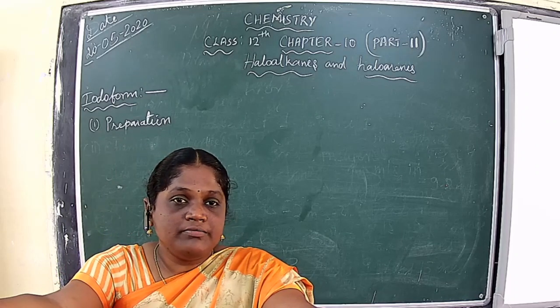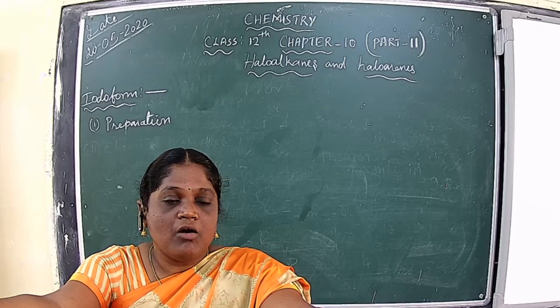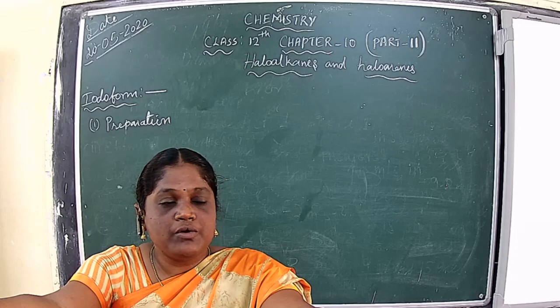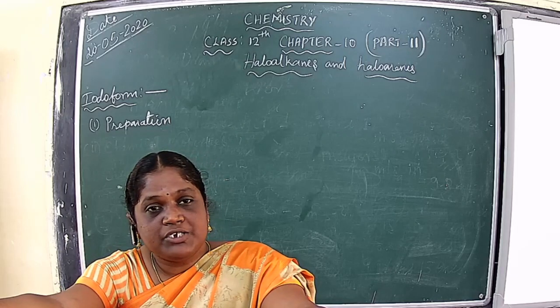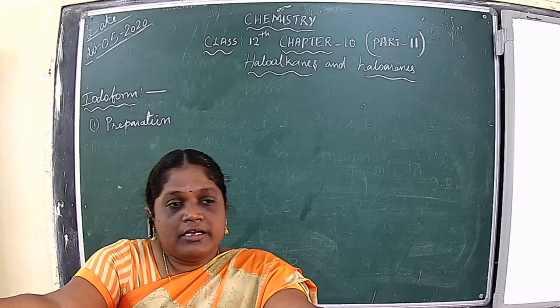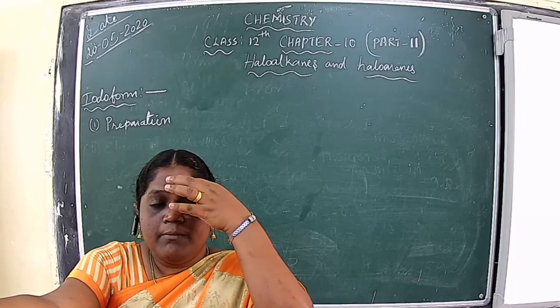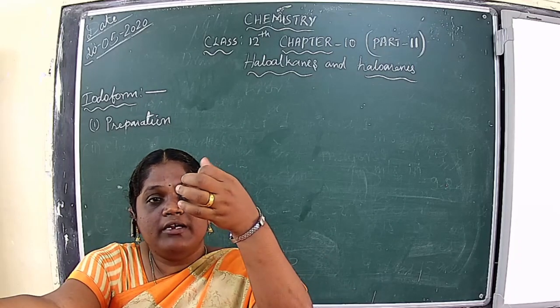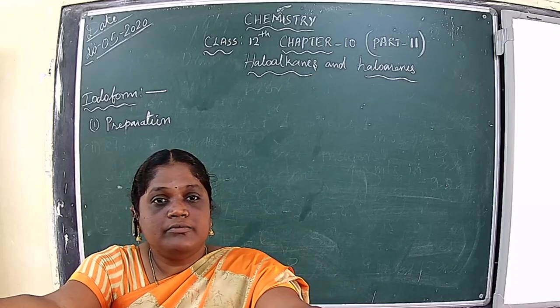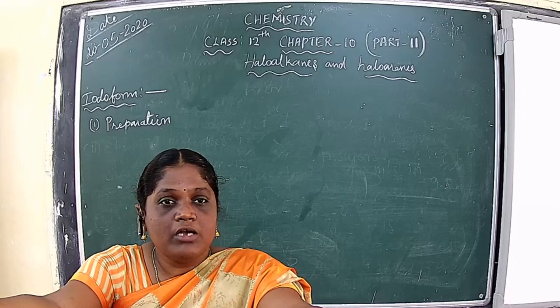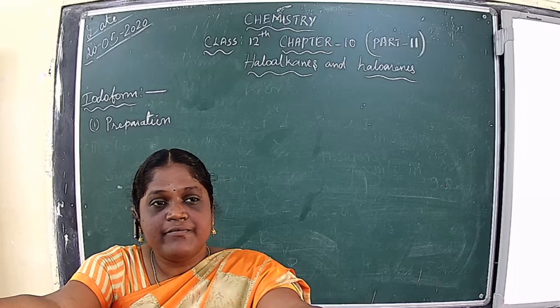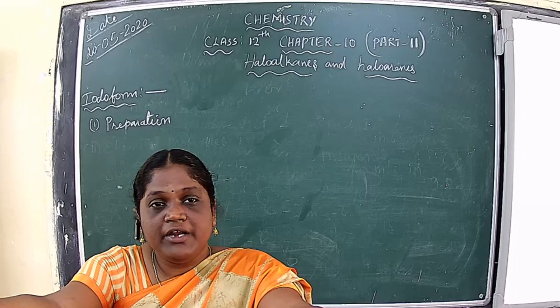Secondary alcohol is oxidized to ketone, and ketone on further oxidation gives acid. Tertiary is not oxidized, but it forms a double bond compound because of the absence of alpha hydrogen.